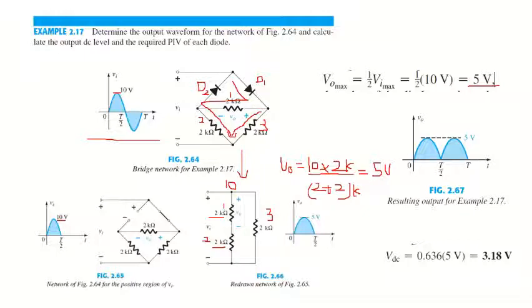This is what we got here using the voltage divider rule. So for the positive half cycle we are getting the value of 5 volts, from 0 to T by 2.